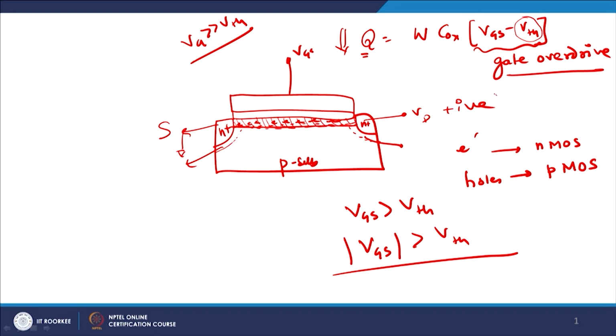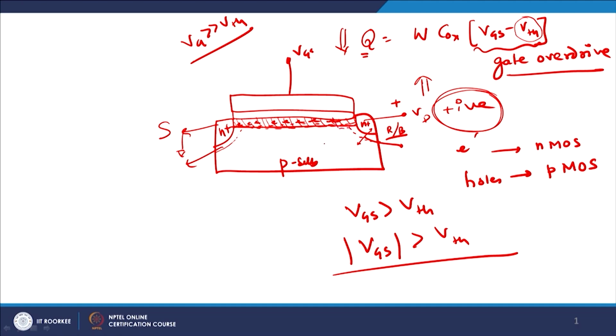But as you go on increasing the positive bias, you are actually increasing the depletion thickness, because this drain to substrate bias is basically reverse bias, as you are applying a positive voltage here. So, when you go on increasing the positive voltage, the depletion thickness here becomes more and more.